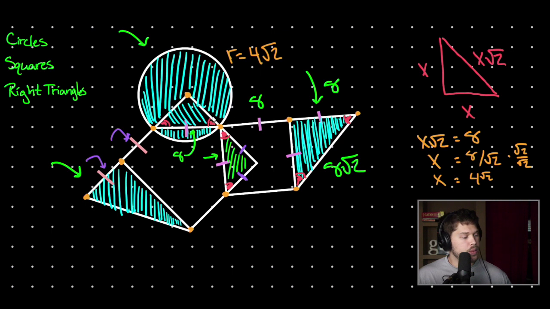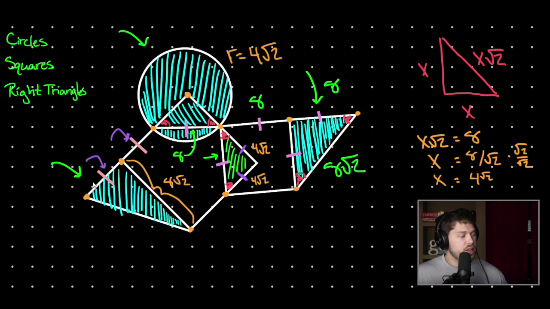Here, let me go back to my orange. So this is some distance of 4 square roots of 2. And so the full distance of my square must be 8 square roots of 2, as 4 square roots of 2 plus 4 square roots of 2 is 8 square roots of 2.